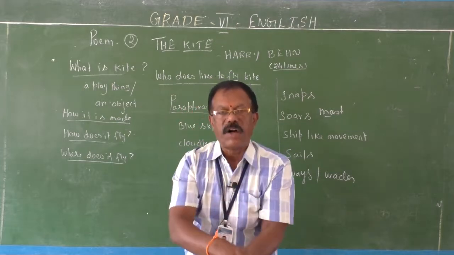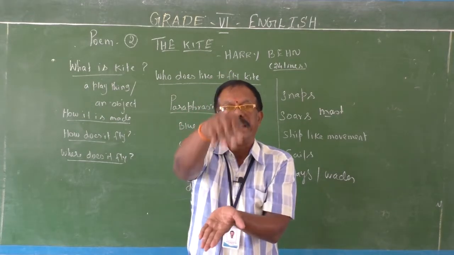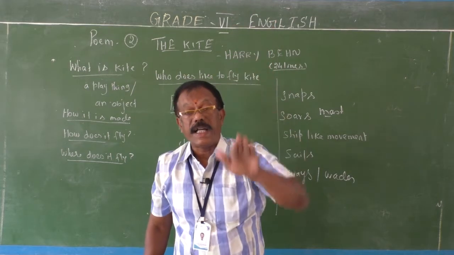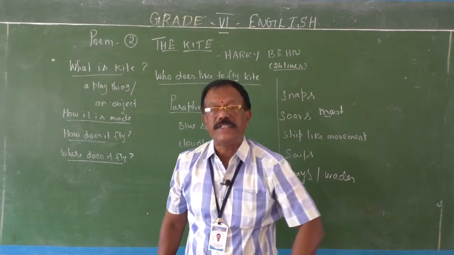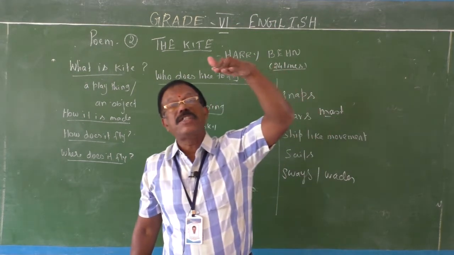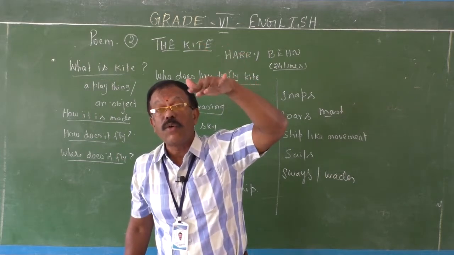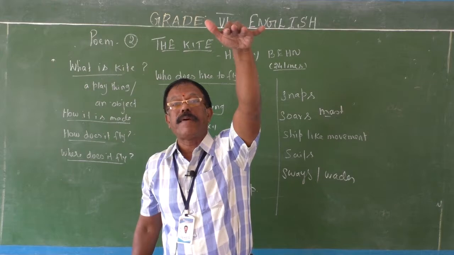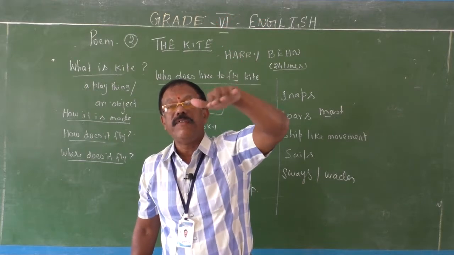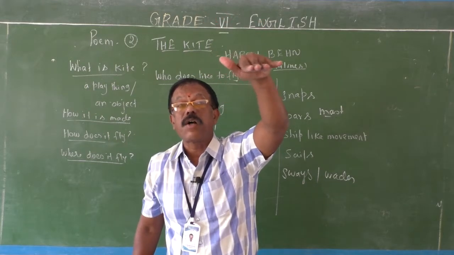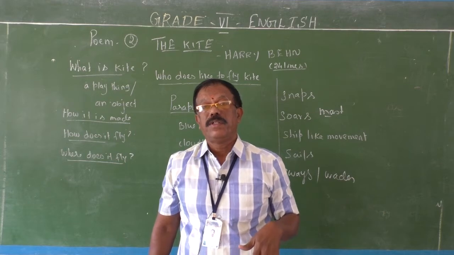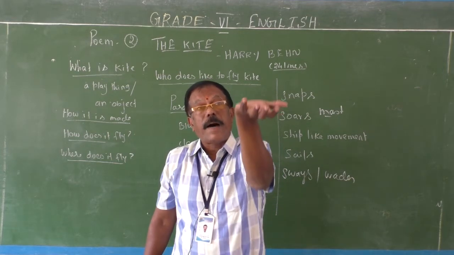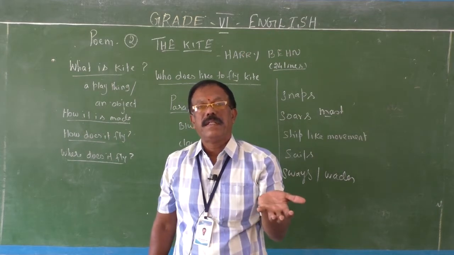So the upward and downward movement of the ship like this is compared to the upward and downward movement of the kite. When the kite starts to fly, float on the air, slowly it starts to rise up and up when the strong wind starts to blow. So the force of the wind takes the kite up and up.